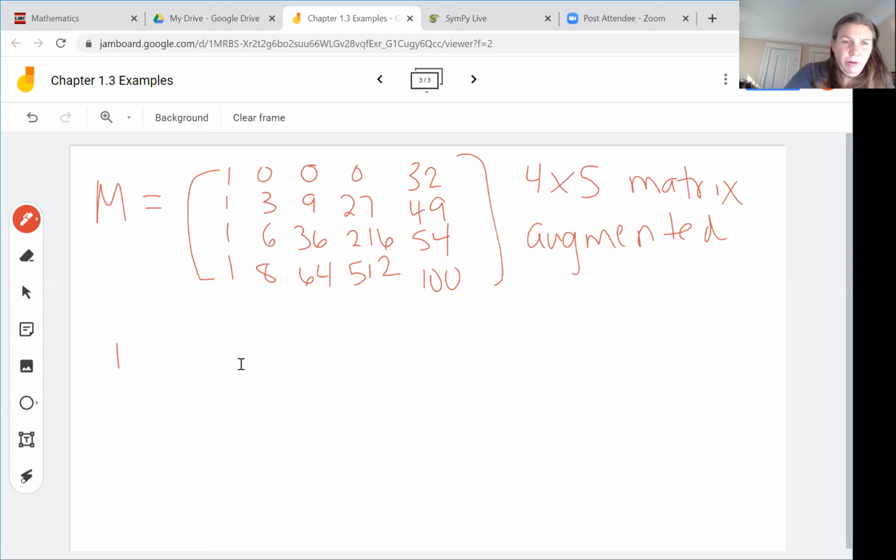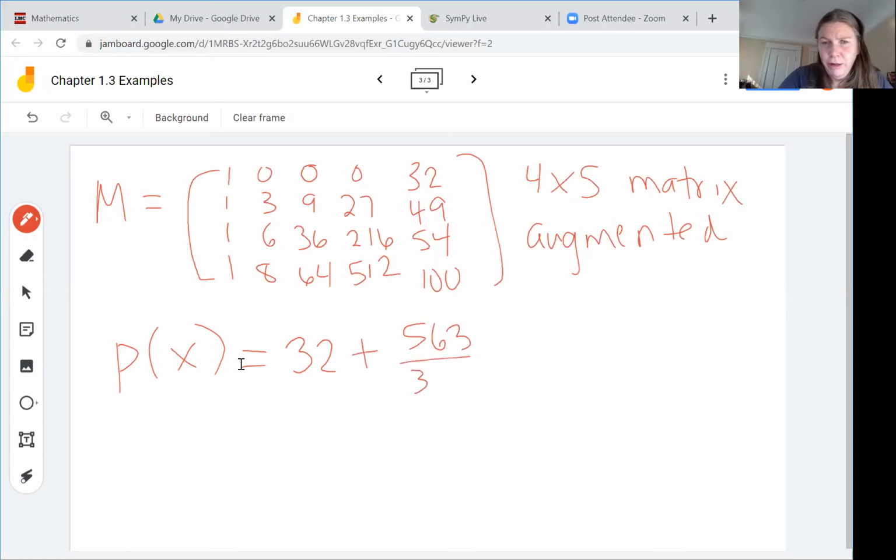So our polynomial that models this data is P of x equals 32 plus 563 over 30 times x minus 373 over 60 times x squared plus 37 over 60 times x cubed.